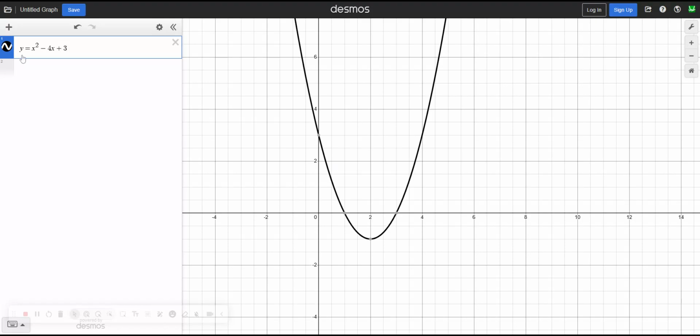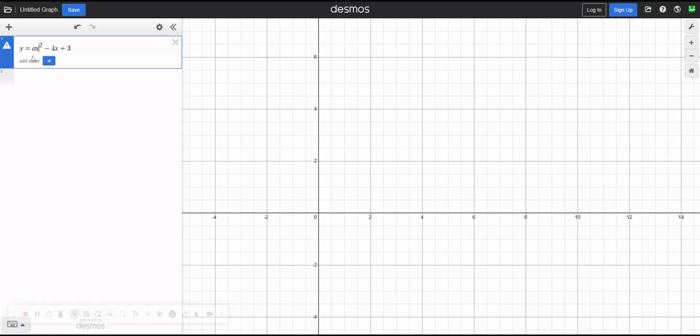And I can even do such things as make sliders if I wanted to. So instead of this here, I can change it to aX squared plus bX plus c.